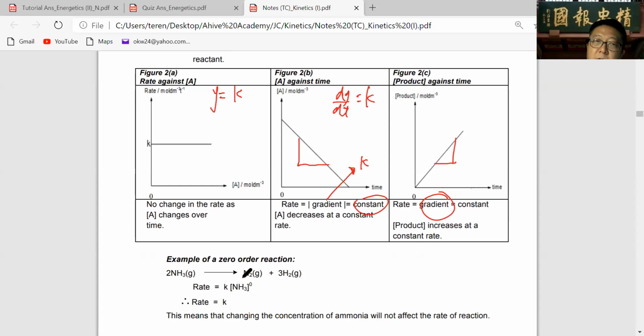Okay, so this is an example of zero order. Ammonia to N2 and 3H2. Your rate is k. So in a zero order reaction, you change your concentration of ammonia, and the rate of reaction is still the same. So what does this show us? Ammonia changes to N2 and H2 at a constant rate.